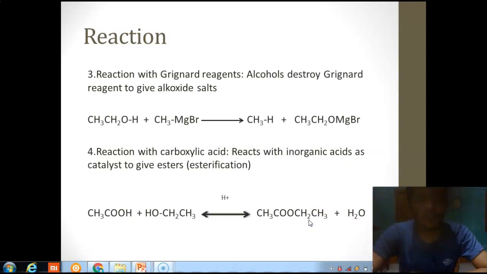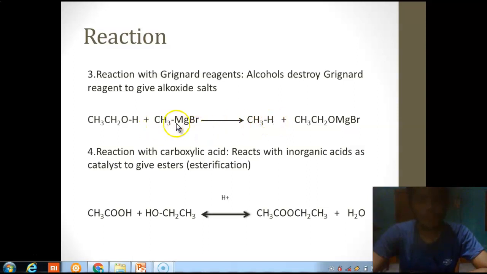Next, reaction with Grignard reagent. So what is Grignard reagent? We know RMgX, that is an alkyl group with magnesium and halide group. That is our Grignard reagent. Alcohol will break down the Grignard reagent to give alkoxide salts.